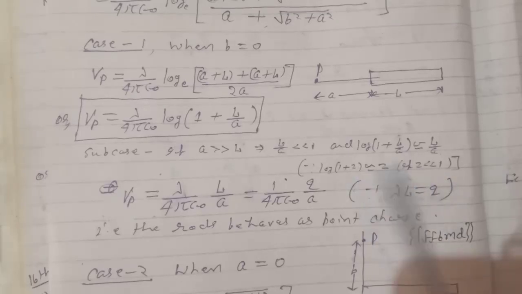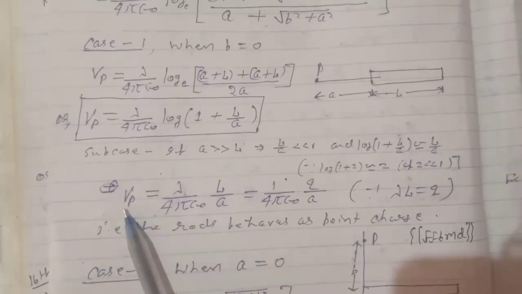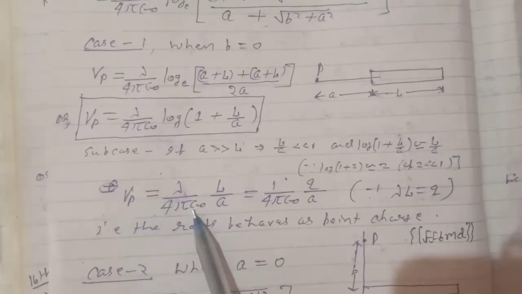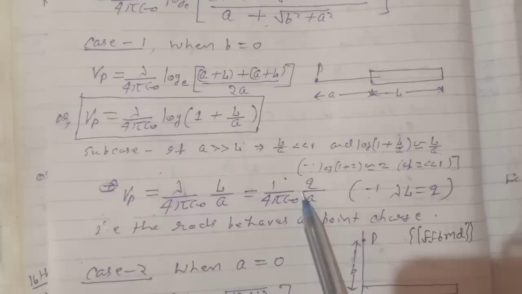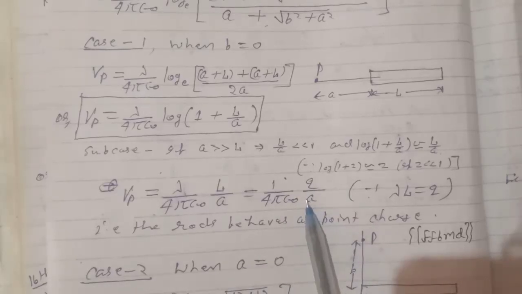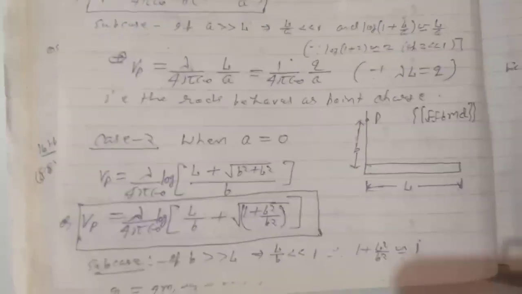So Vp equals lambda L by a times 1 by 4 pi epsilon naught, and because lambda into L equals Q, this is Q by a. That is, the rod behaves as a point charge when the point is at a very large distance.